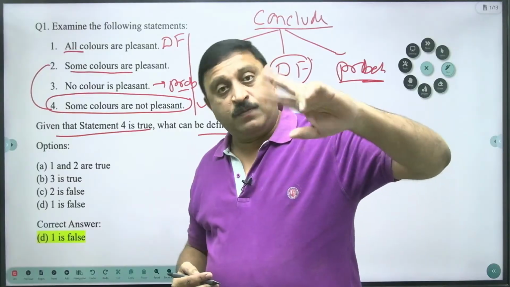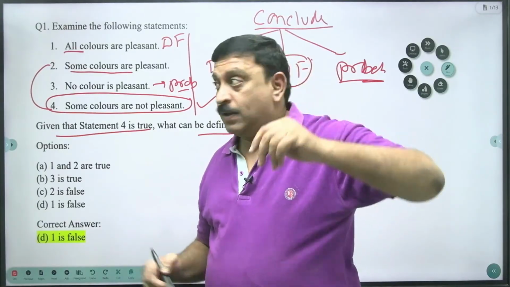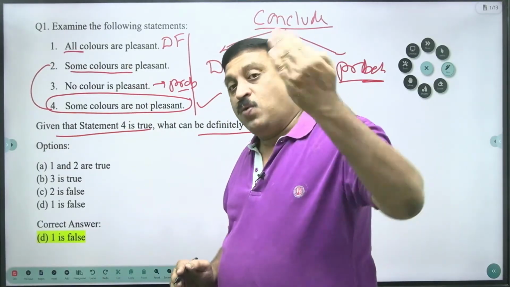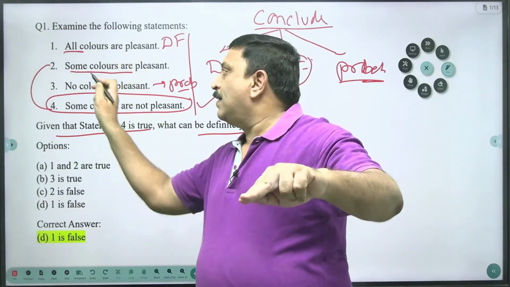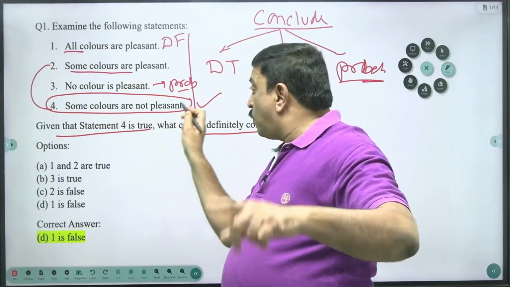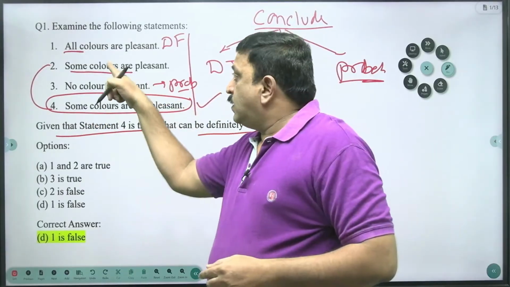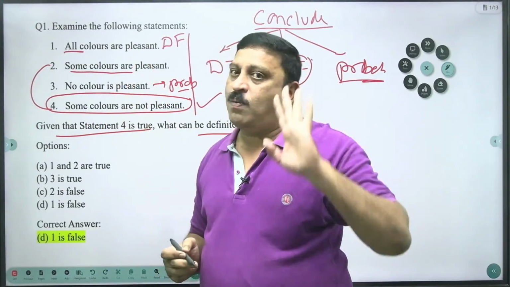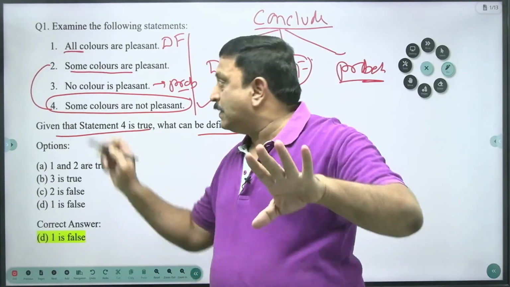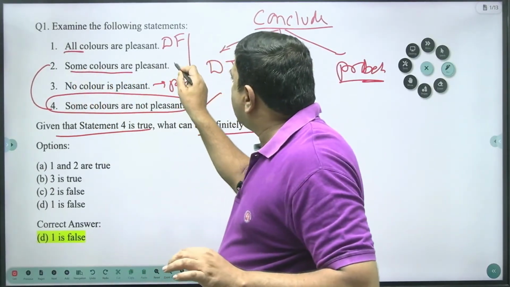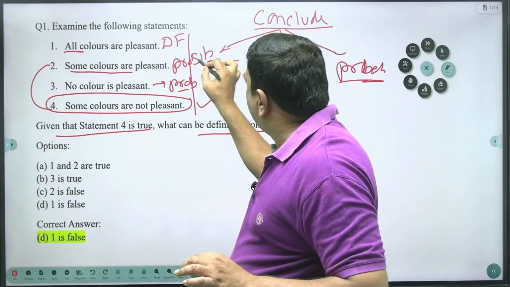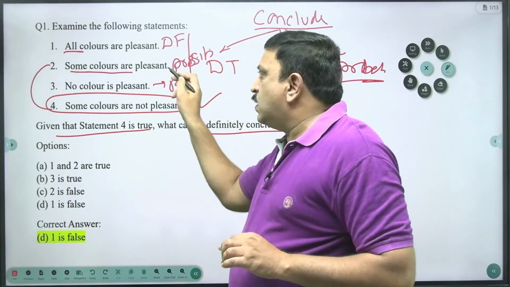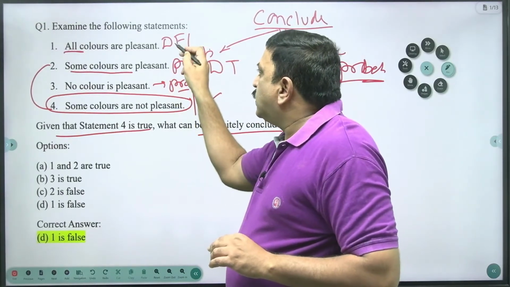This is what complementarity means. But when some colors are not pleasant is true, the statement "all colors are pleasant" would be false, while the others can be a possibility or probability. These two are possibilities. This is definitely false.